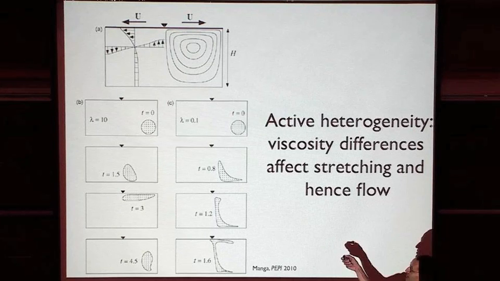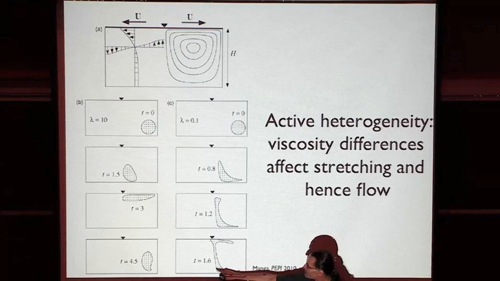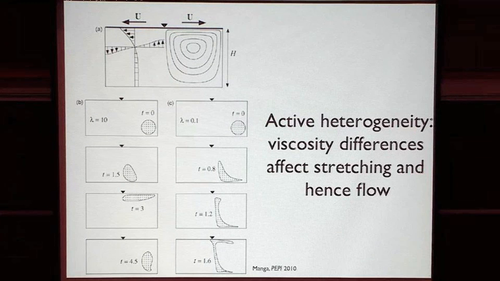In fact, most of the stretching happens near the two hyperbolic points. But there's something else it does, right? Notice that we have one circulation cell on the right. We have its complement on the left, right? The flow is symmetric. This blob starts on the right, but some finite amount of it ends up in the circulation cell on the left. And the reason for this is its presence inside the domain, as it stretches and deforms, is also influencing the flow.